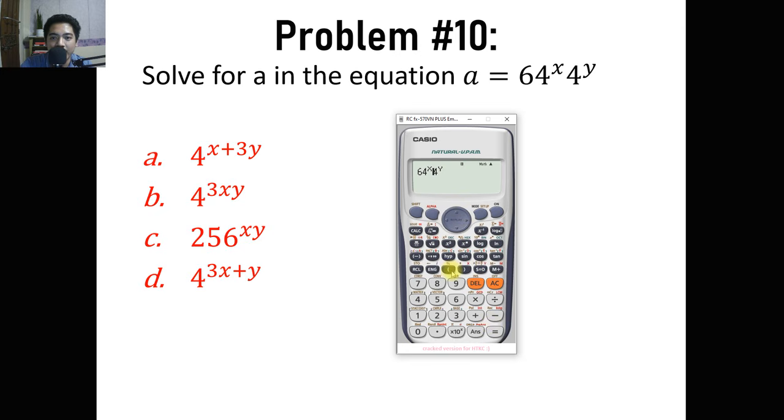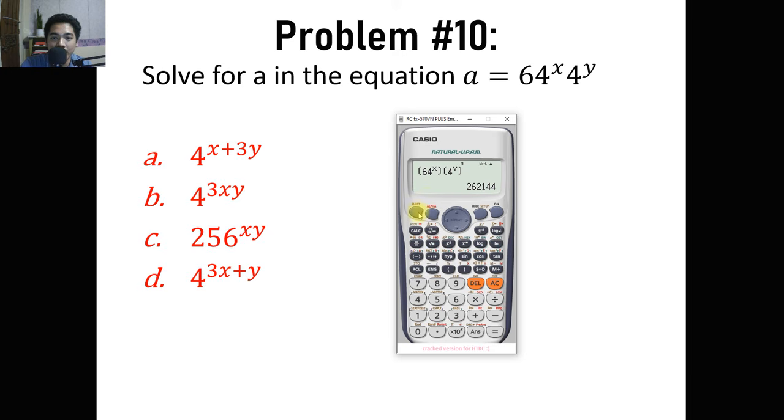Oops, syntax error. Let me just add a parenthesis here first so that we will not have a syntax error. So 2 and 3. We have 262144. We can store that in the value of A. If we are using x in our equation, we should not store that into x, but rather into the other variable.